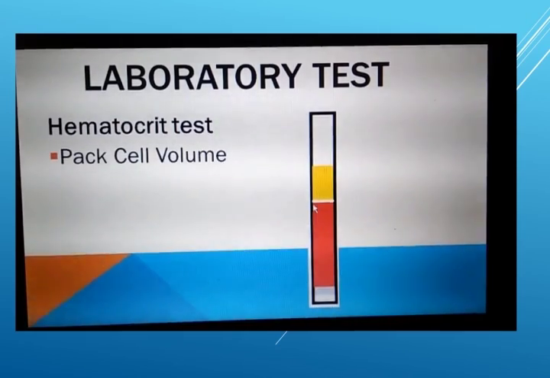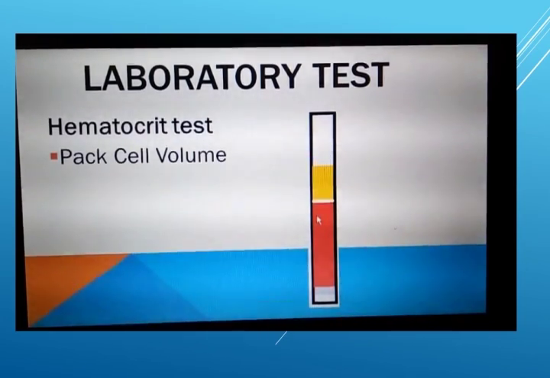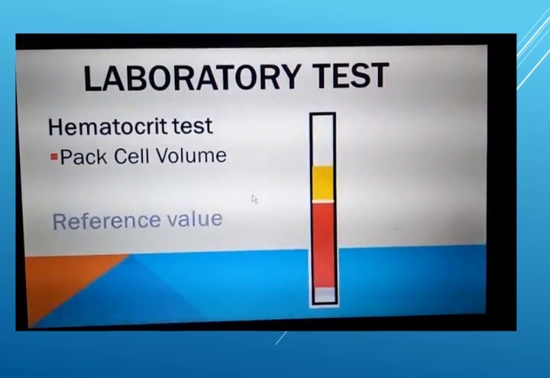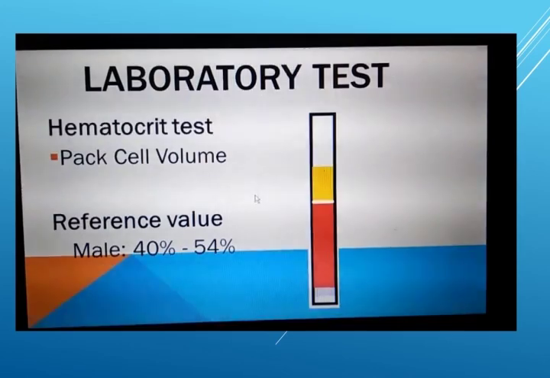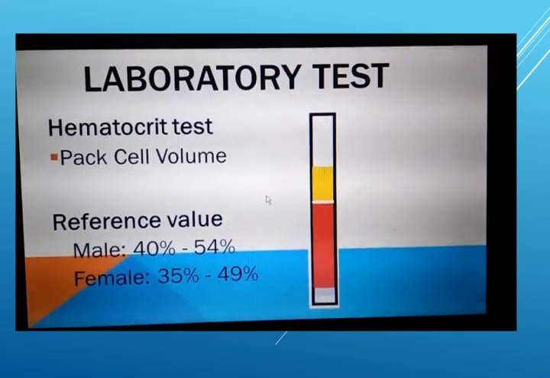And if we measure the red cells including the buffy coat, we'll have an error in reporting the result. And the reference value of hematocrit for male is 40% to 54%, and for female, 35% to 49%.